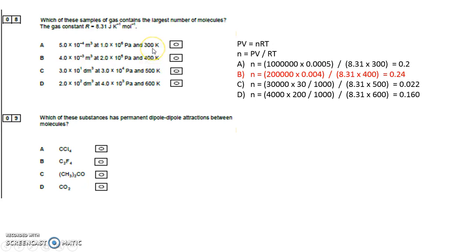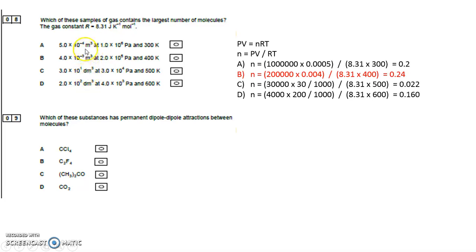So 273 add degrees C turns it into Kelvin, but they're all in Kelvin. So our pressures and our temperatures are all fine in the same units. However, look at some of these. A and B, the volume is in meter cubed, and that's correct. Whereas these ones, C and D, it's in decimeter cubed. So I need to get everything into meter cubed.